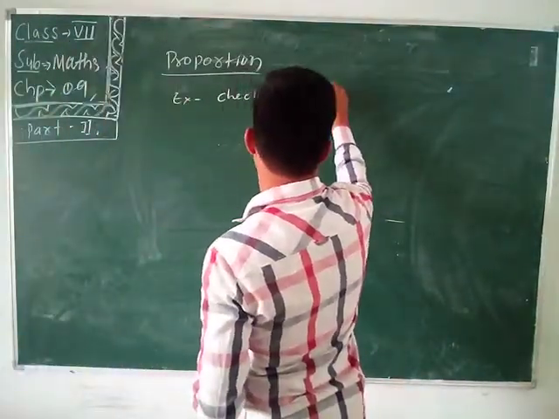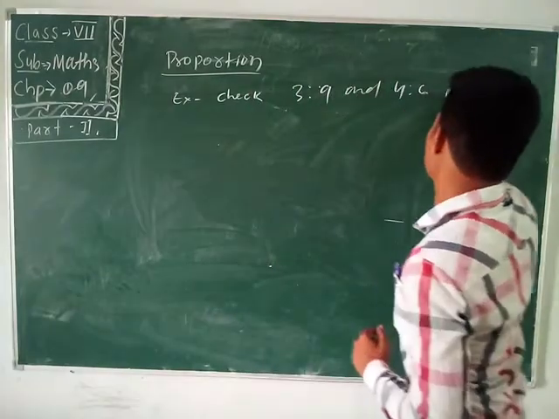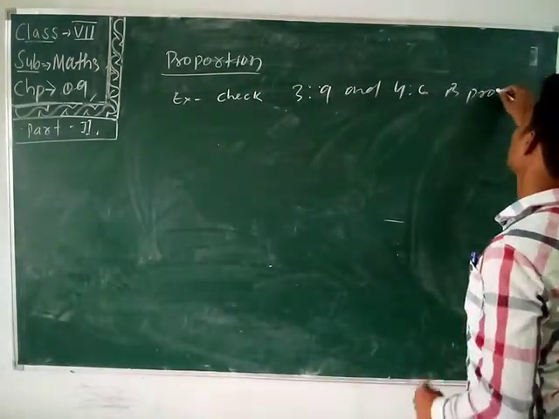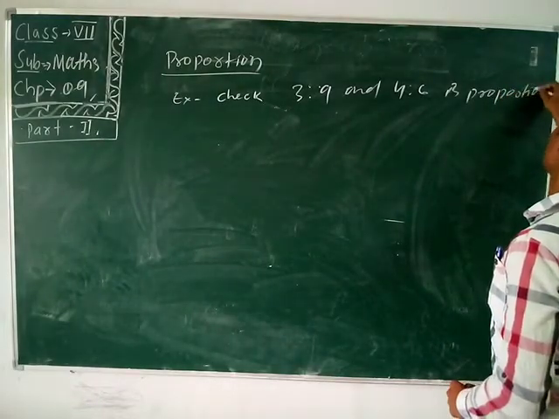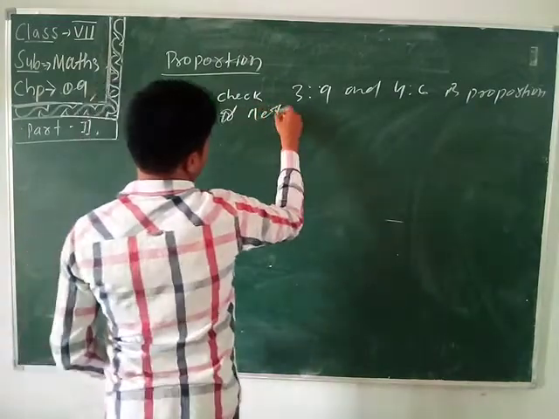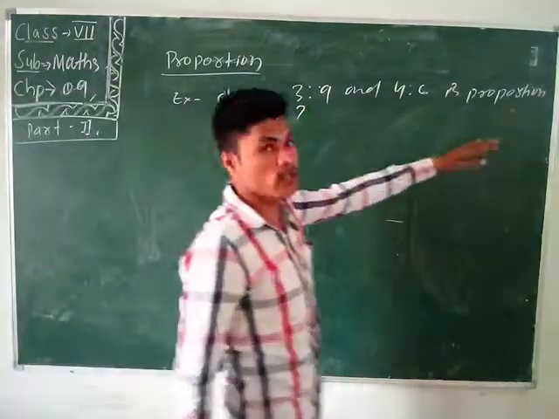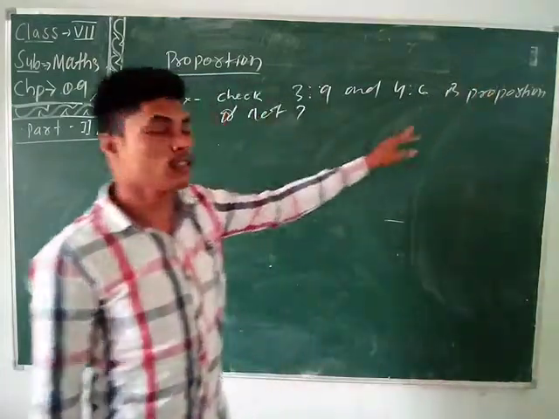Check whether 3:9 and 4:6 is a proportion or not. How can we check?